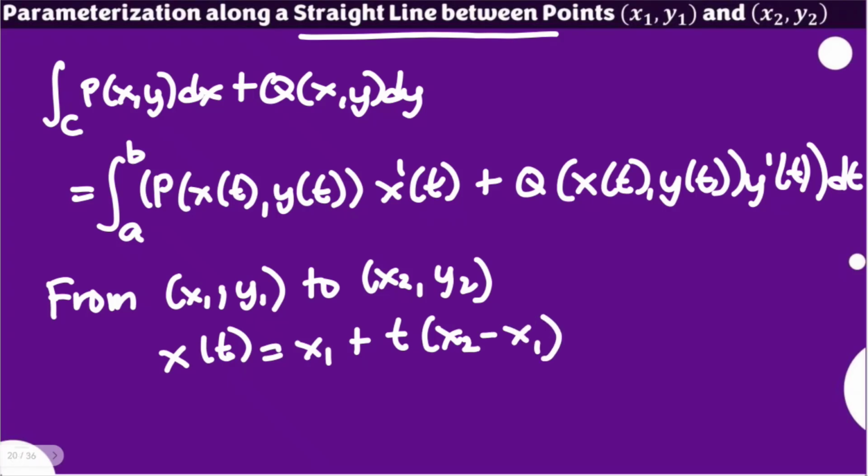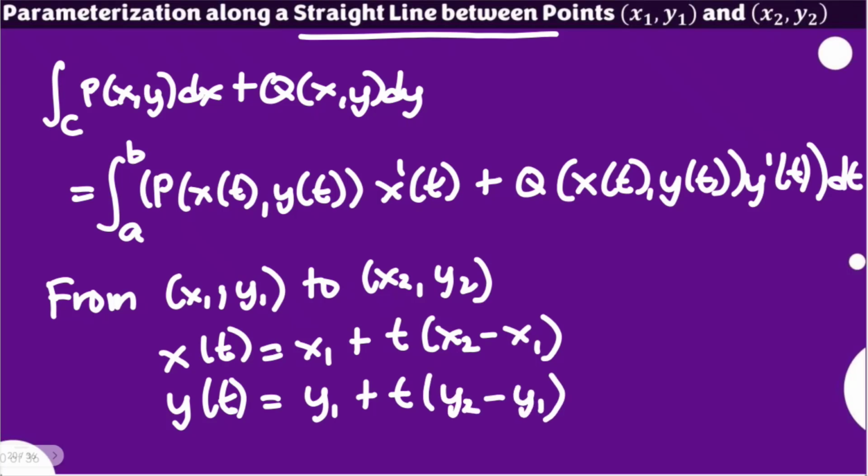Again, this is patterned to your z of t in our complex line integral, which is z sub 1 plus t times z sub 2 minus z sub 1. But since we have both x and y here, we also have a version for y: y of t is equal to y sub 1 plus t times y sub 2 minus y sub 1.